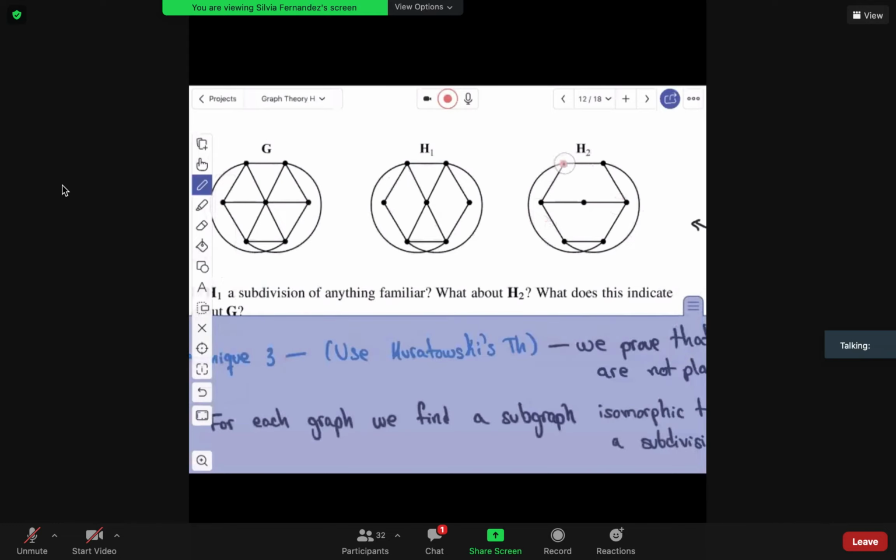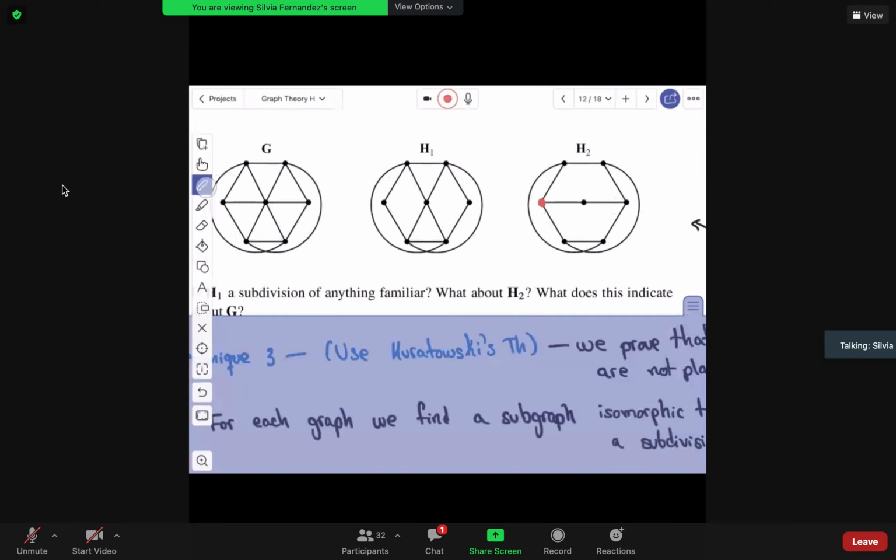So here, I'm going to give you a subdivision. I'm going to use that one. For K3,3, I need 3 vertices on one part joined to 3 other vertices on the other part. So I'm going to label 3 of the vertices A, B, C, and the others 1, 2, 3. Maybe I'll start with this one.